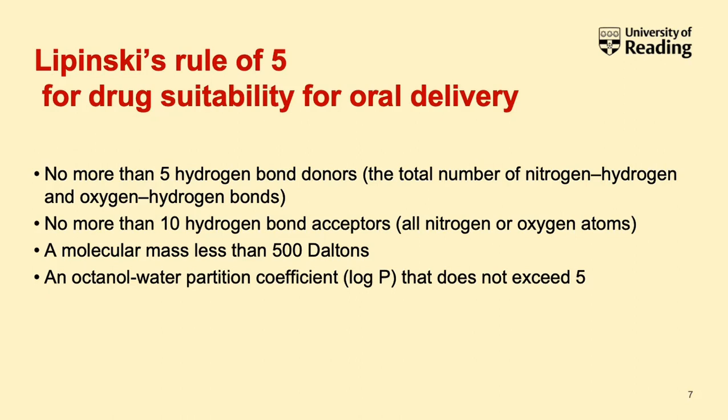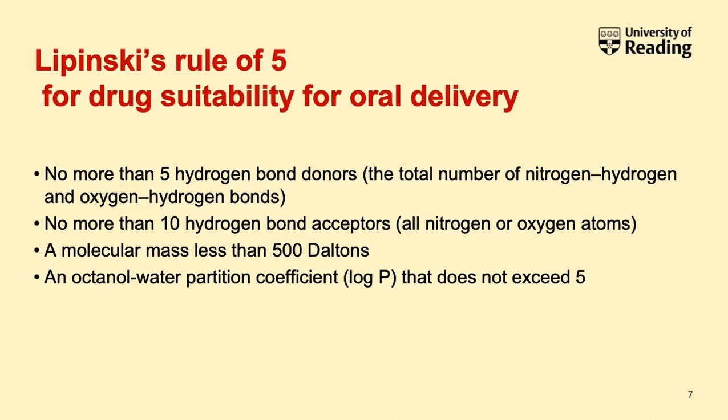We know from the previous slide that if the molecule is too large, it won't be able to cross the barrier, the membrane. And it needs to have an octanol-water partition coefficient, so a log P, that does not exceed 5. First of all, think about what log P means.